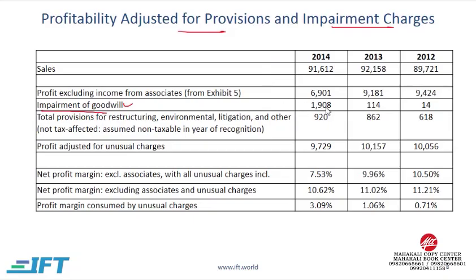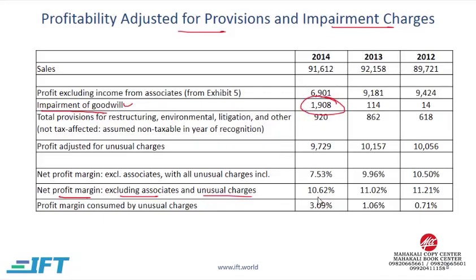And in 2014, there is a particularly big impairment charge. Now, impairment charges don't necessarily happen every year, so it's not something that is going to consistently happen. So what he does is, he figures out the net profit margin excluding the associates and unusual charges, where he treats this goodwill impairment as an unusual charge.